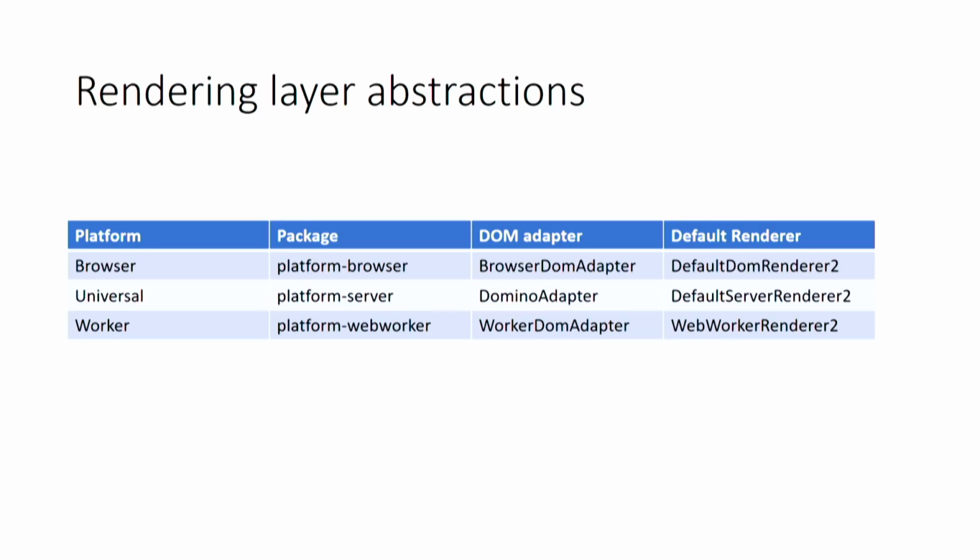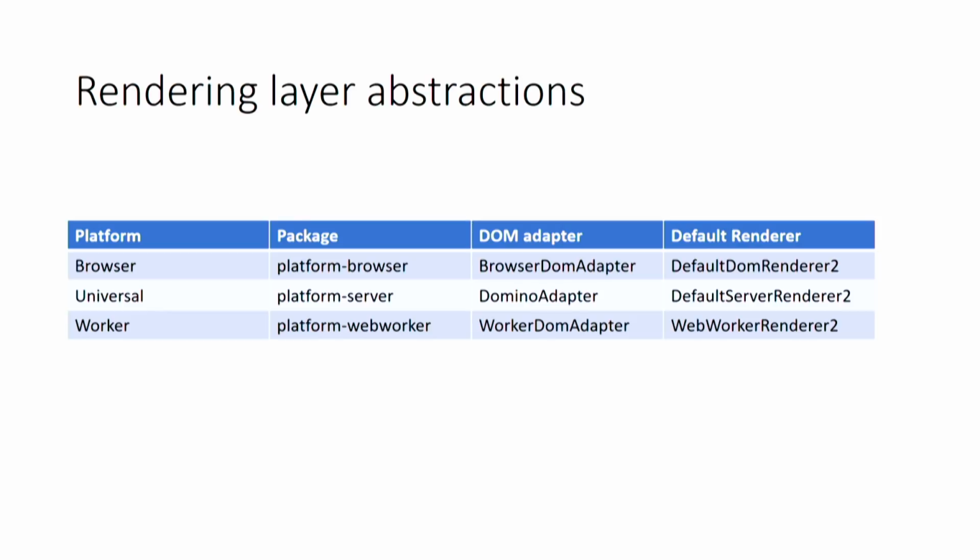Okay, so for the curious minds, I have put together a table that demonstrates different DOM adapter and renderer implementations on different platforms. And so I have used exact class names. So if you're curious enough, you can download the sources and go find these implementations inside the sources.